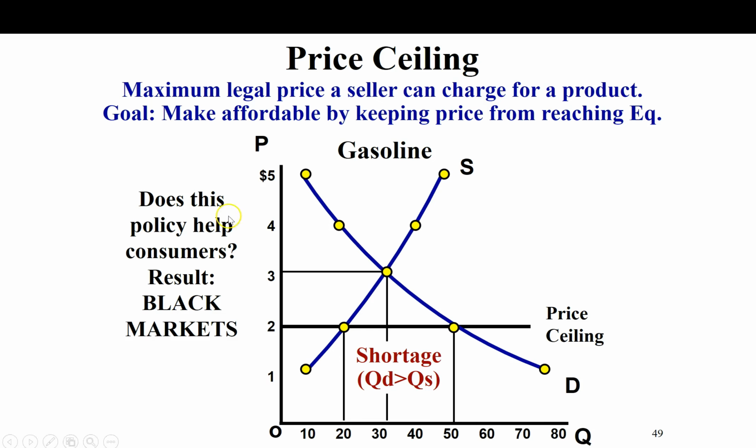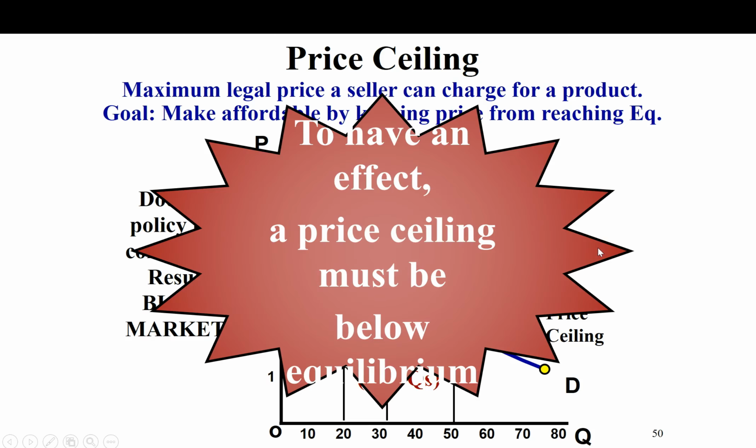So this is a price ceiling, and price ceilings distort market outcomes because a market left alone would rise back up to equilibrium through the unfettered forces of competition. However, in this case, the government is changing the market outcome. They're distorting the market. And just to be clear, a price ceiling has to be below equilibrium to have an effect.